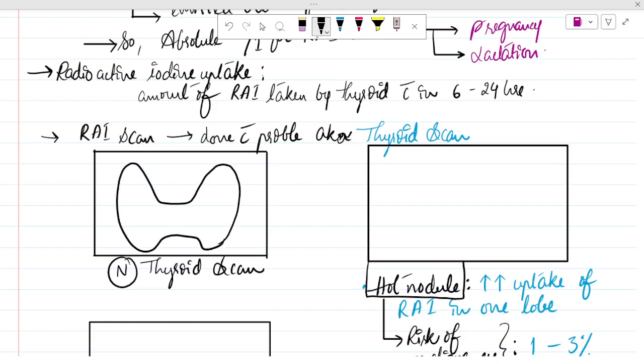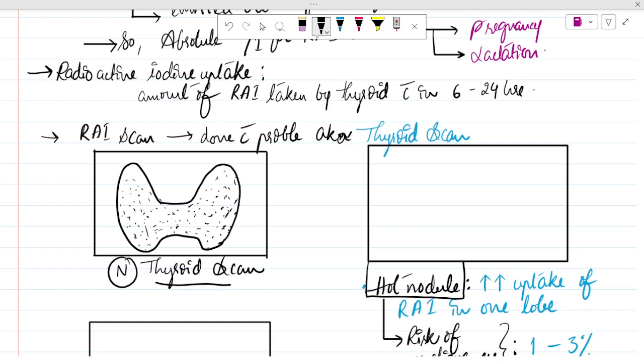If there is a thyroid, you see the deposits of this radioactive isotope, which is called radioactive iodine uptake. You see complete uptake in the whole glandular tissue, with no deficit and no imbalance. That is what is seen in a normal scan.